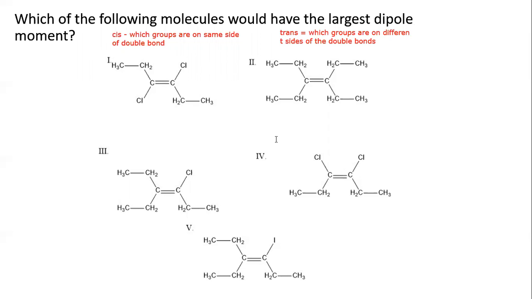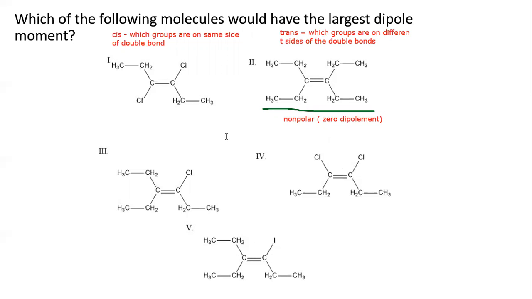What should stick out right at first is number 2, because number 2 is a pure hydrocarbon. And pure hydrocarbons, as we said earlier, are nonpolar molecules. So if it's nonpolar, it's going to have a 0 dipole moment. So it can't be number 2.